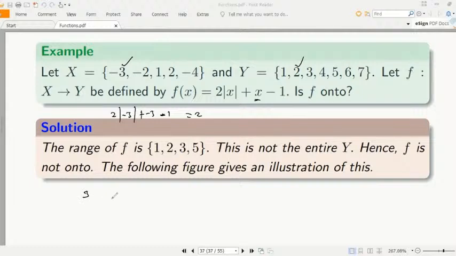So 3 would be assigned to 2. What about negative 2? Just change where there was negative 3 to negative 2.